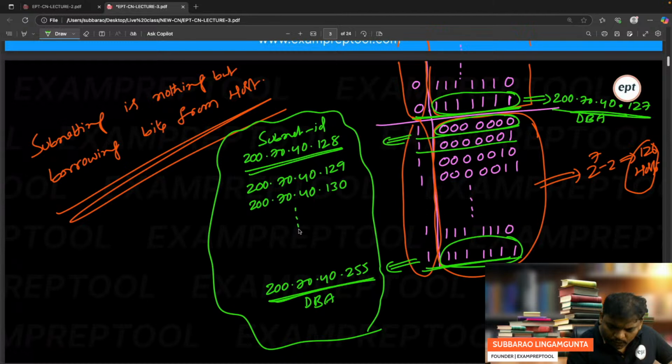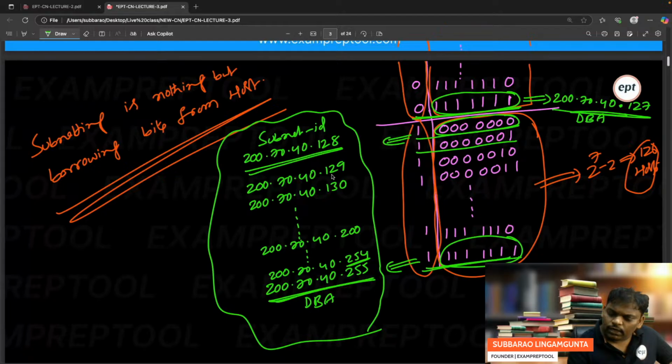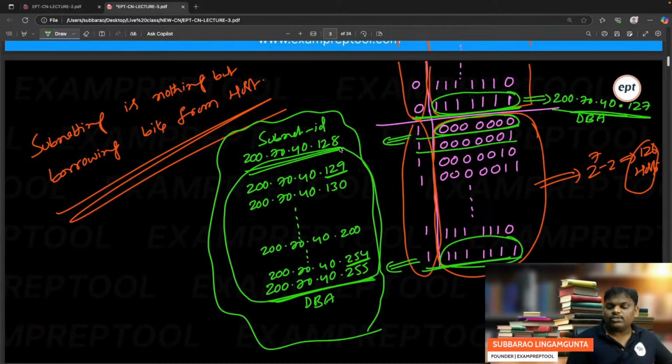It will continue, 200.70.40, up to 254. Remember, these are the hosts. In the below subnet, the first host is 200.70.40.129.